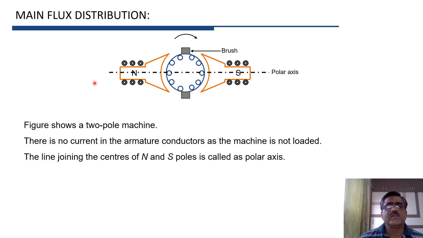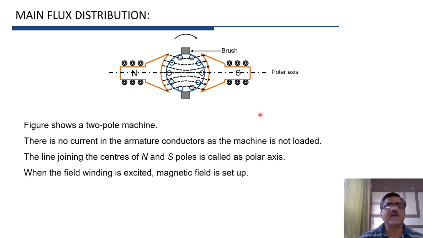Here the line joining the centers of the north pole and south pole is called the polar axis, whereas the axis which is perpendicular to this is called the interpolar axis, and this axis is the polar axis.